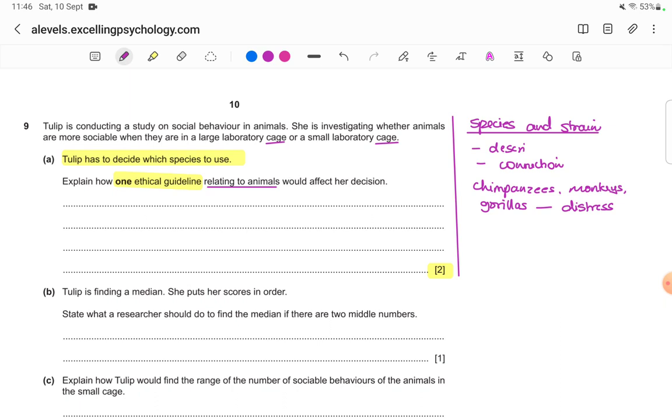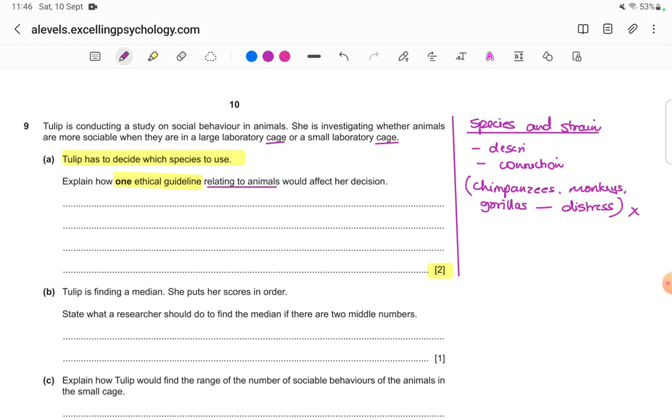So in species and strain, when our consideration is which species should be taken, of course we also have to consider which should not be taken. So this particular species, whom we call primates, should not be taken into the study. Then which one should be taken?